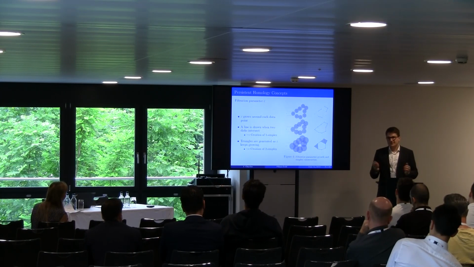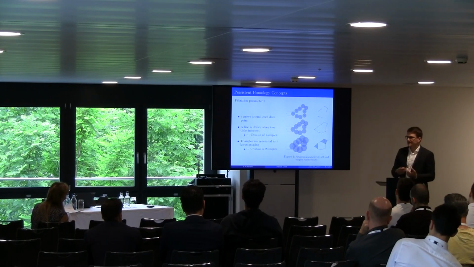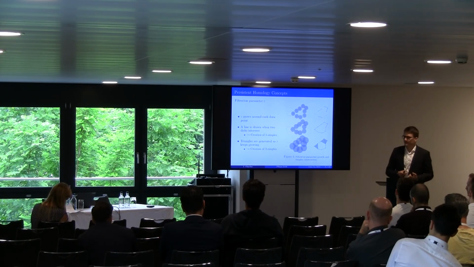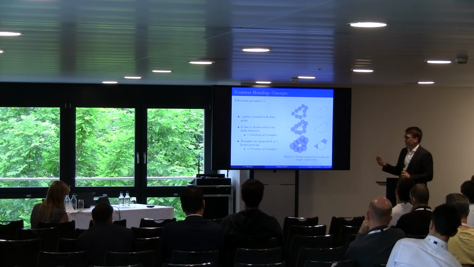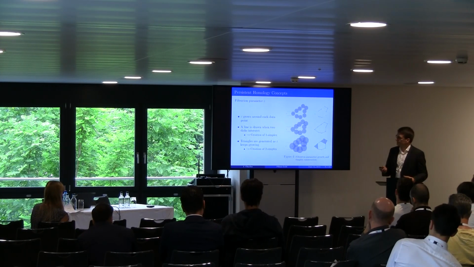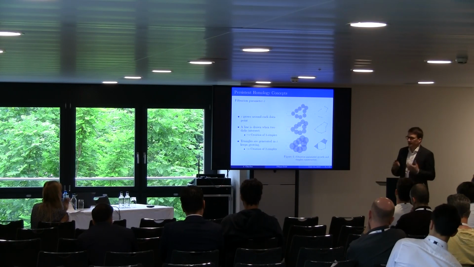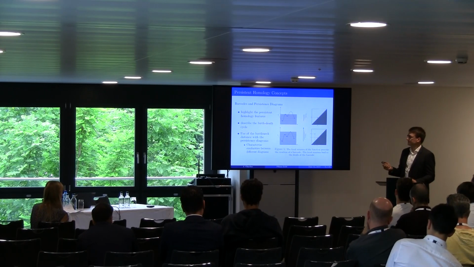When disks touch each other, intersect, then you draw a line between the connected components and you create a 1-simplex. Then you keep increasing the size of the disks to obtain triangles. It helps to describe your data point cloud, and you highlight persistent homological features of it.